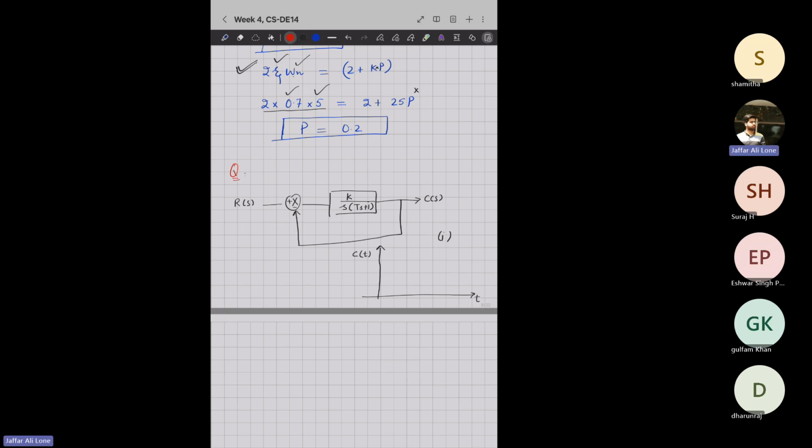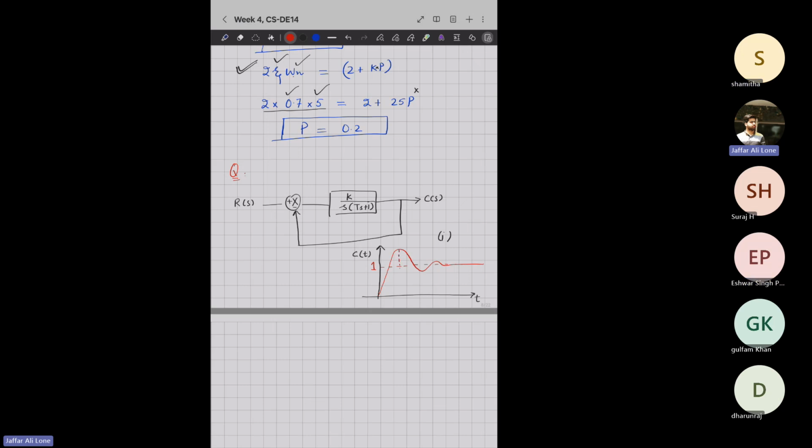Just make it like this so that it's visible. The response is like this. So obviously, which type of system is it? As of now, you should be able to comment that this is an underdamped system.